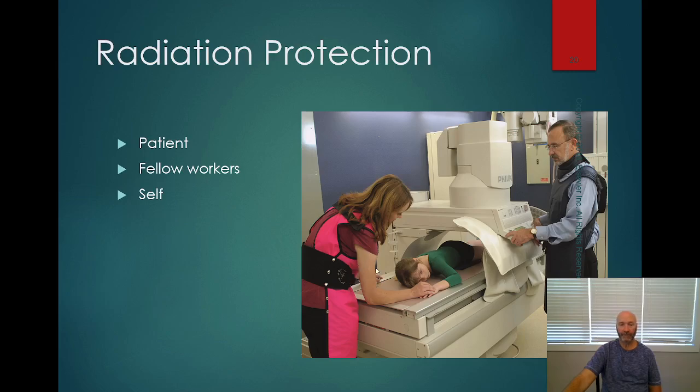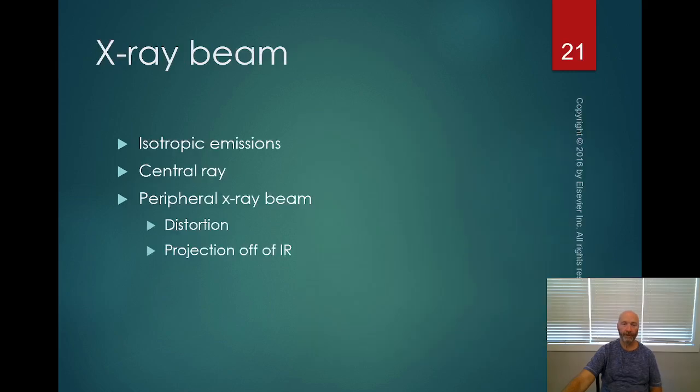So get away from the patient as far as you can, reasonably, without freaking the patient out. Back up away from the patient as far as you can, reasonably. Increase distance, and also wear your apron. So time, distance, and shielding is radiation protection for the radiographer and the radiologist.